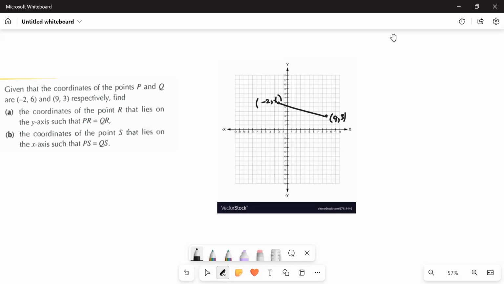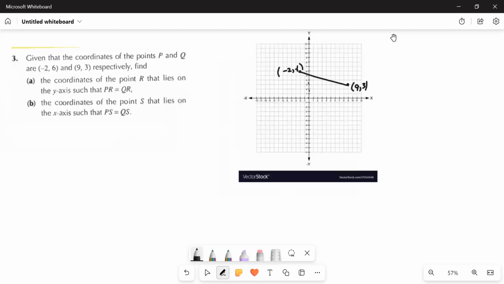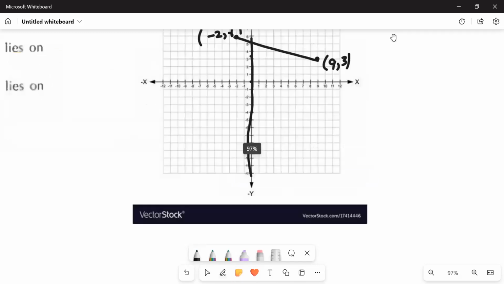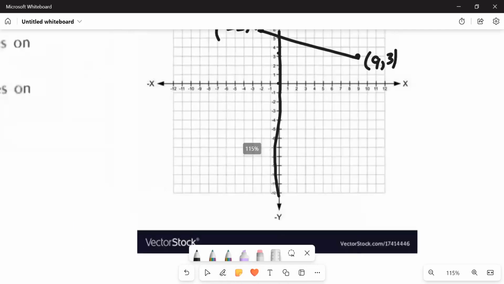If it is on the y-axis, then its x coordinate is 0. If a point lies anywhere on the y-axis, all the x coordinates are 0. Got it?